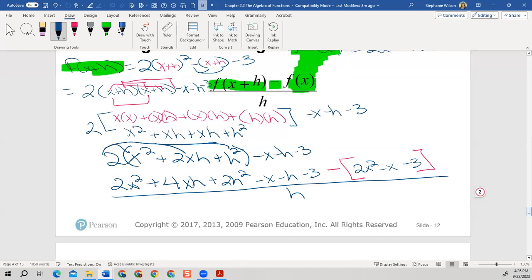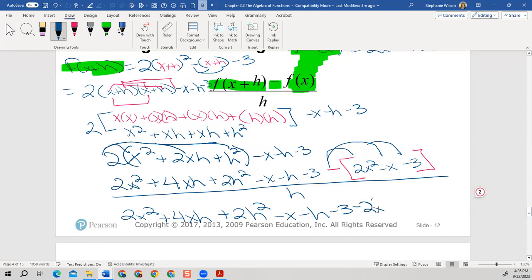What we want to do is distribute this negative sign so we can drop the brackets to everything inside it. So now I got 2x squared plus 4xh plus 2h squared minus x minus h minus 3. Negative times positive is negative. Negative times negative is positive. And then negative times negative is positive. All divided by h.